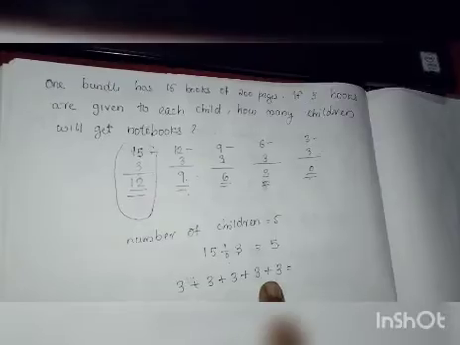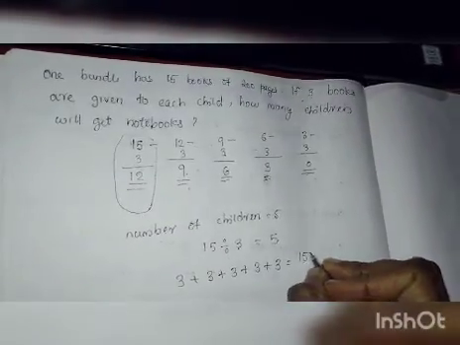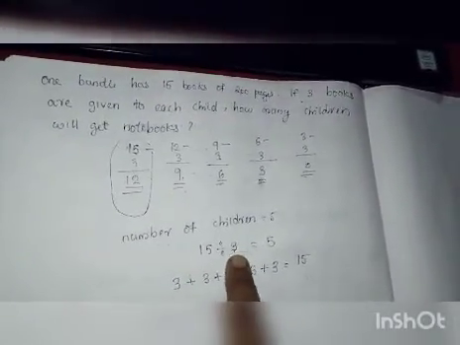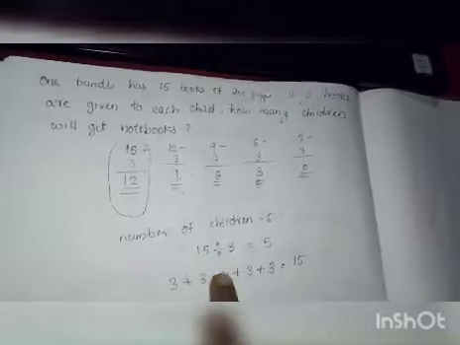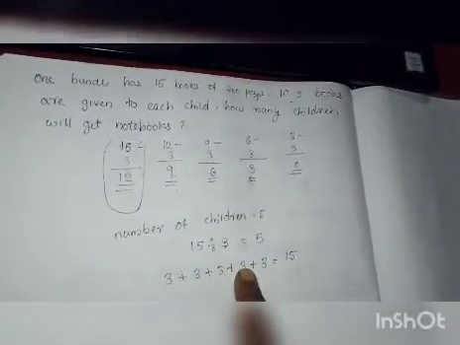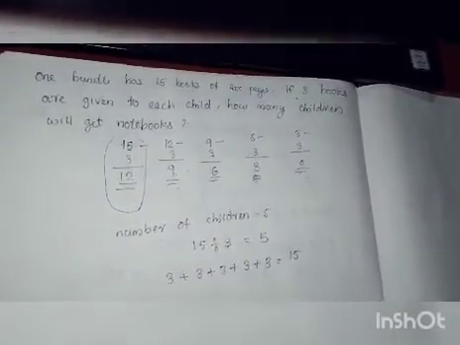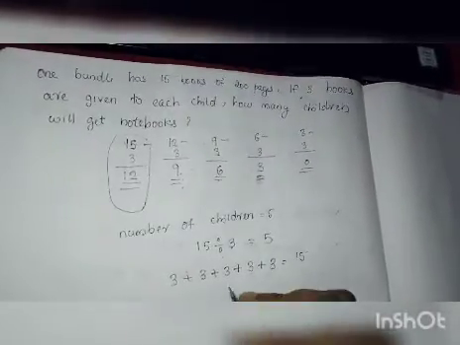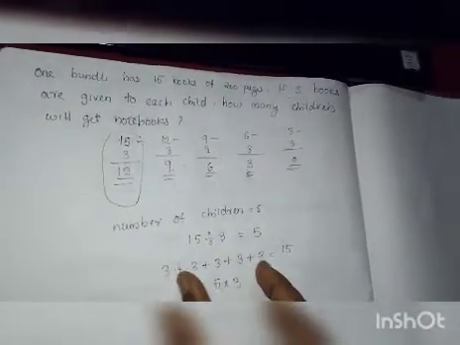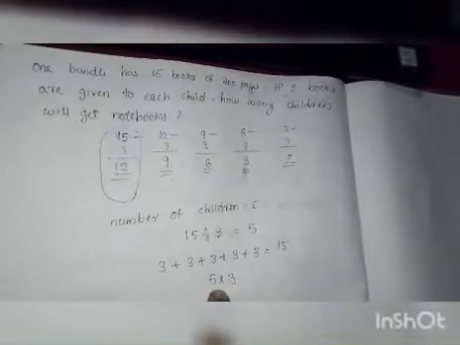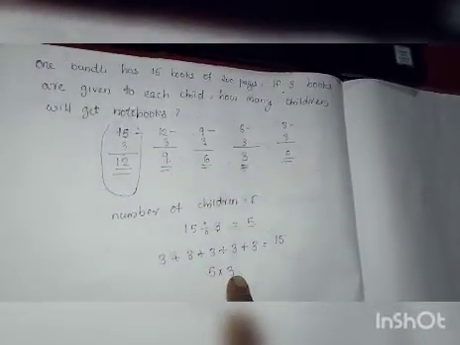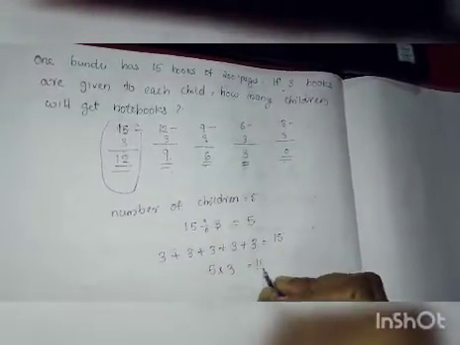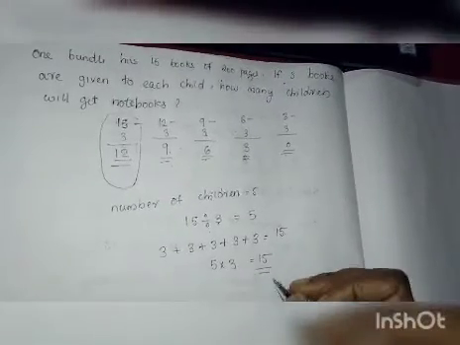When we add this, we get 15 as our result. Here we are checking how many times we add 3 to obtain this sum. That is 5 into 3. Here 3 is repeating 5 times. So we can write it as 5 into 3, which is equal to 15, the same result.